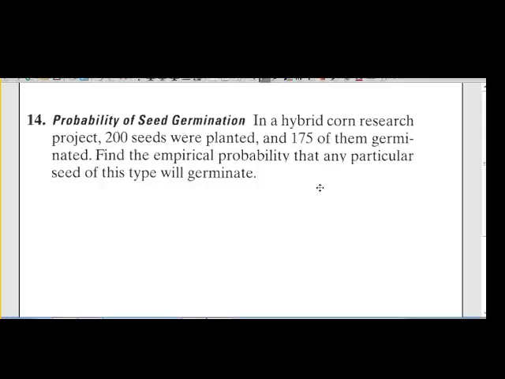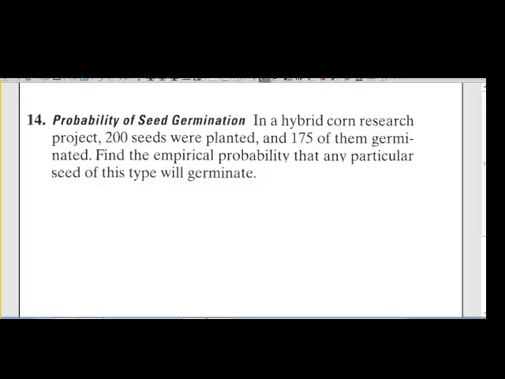So in this case, they're using inductive reasoning to come up with a probability, and then once they have that probability, they can use that to say, if we pick any seed now, the next seed that I check, what's the probability of that seed being germinated? So it's using the reasoning one direction and then going the other direction.